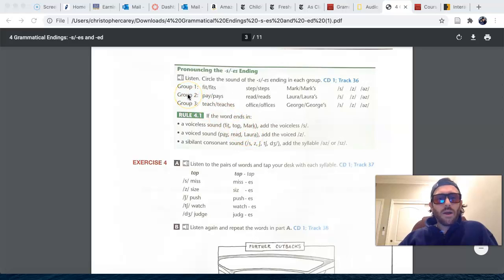So look at group 1. Fit, fits. Step, steps. Mark, marks. Which of those three vowel sounds did you hear? For the consonant S, fits.